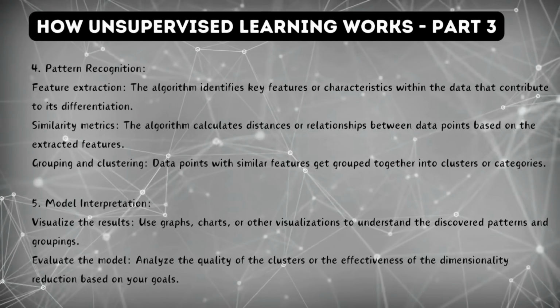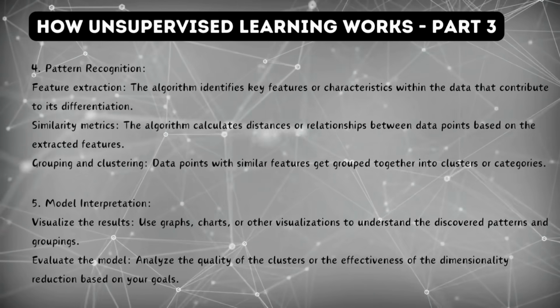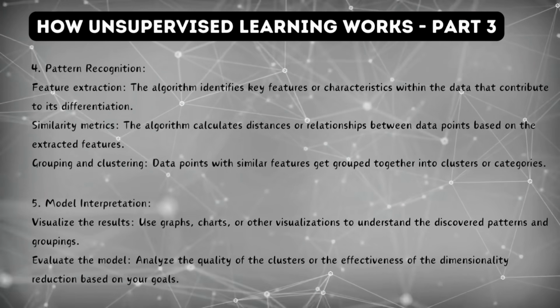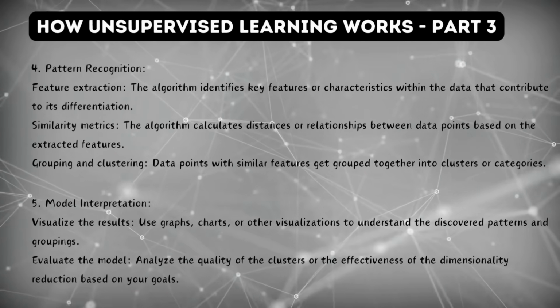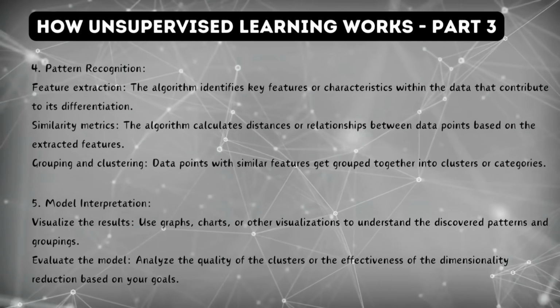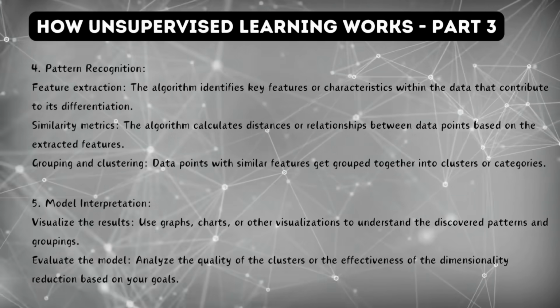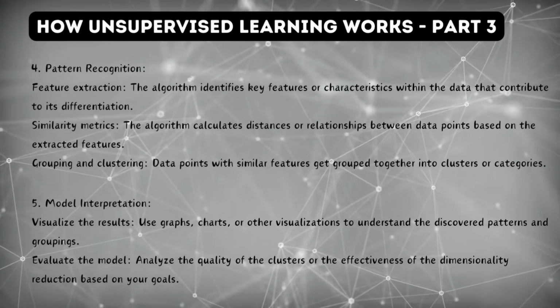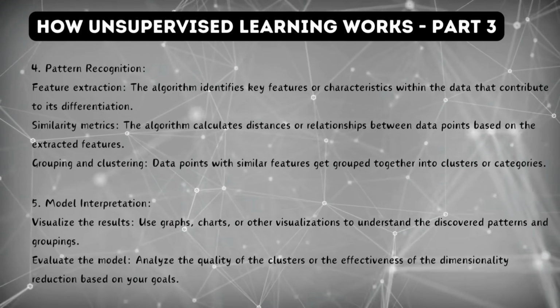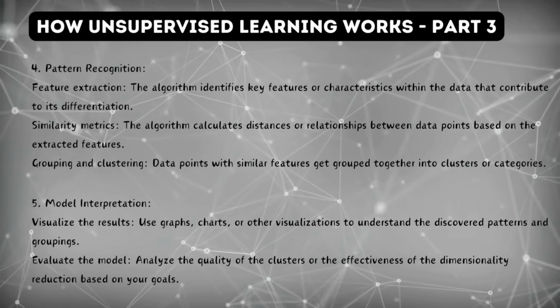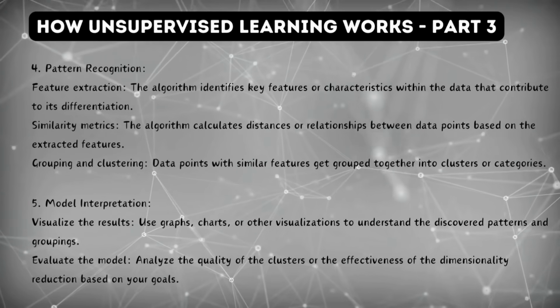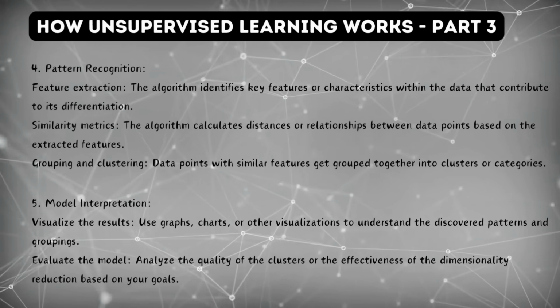Step number 4, pattern recognition. Feature extraction. The algorithm identifies key features or characteristics within the data that contribute to its differentiation. Similarity metrics. The algorithm calculates distances or relationships between data points based on the extracted features. Grouping and clustering. Data points with similar features get grouped together into clusters or categories.